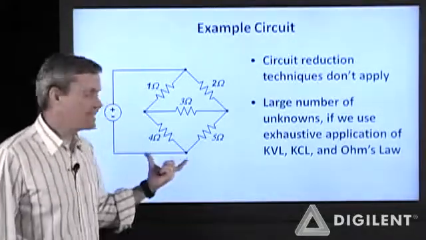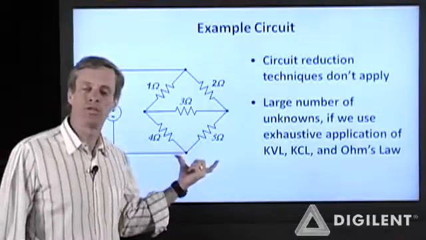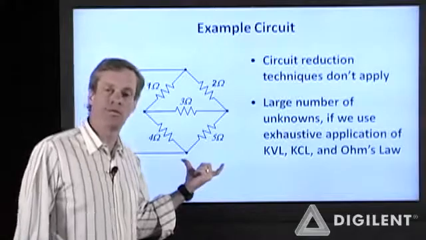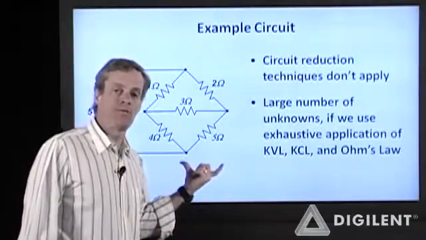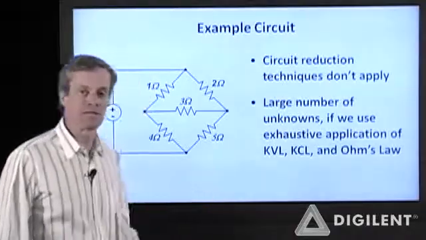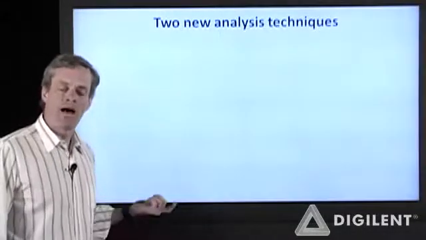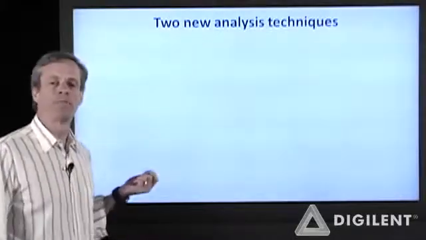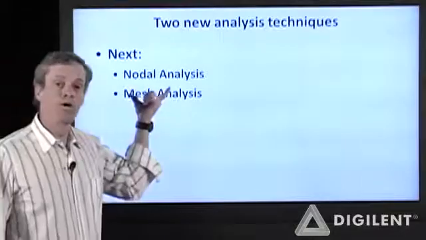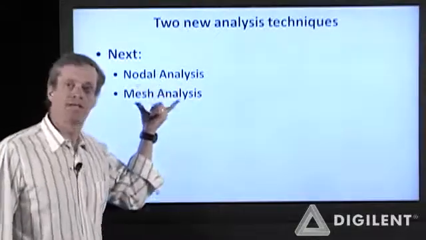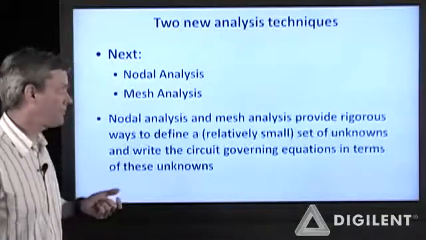We would like to take a look at some more general techniques to reduce the number of unknowns and the number of equations we have to write and solve to solve systems like this. So in order to help ourselves out with circuits like the previous one, I'm going to introduce two new analysis techniques. We're going to do what is called nodal analysis, and we're also going to do what is called mesh analysis.